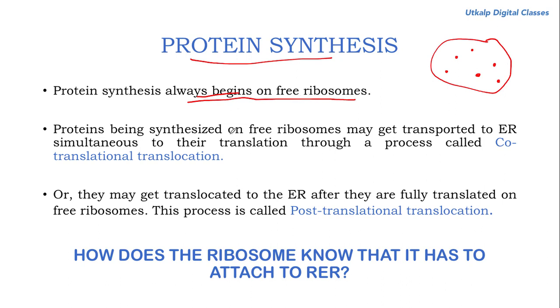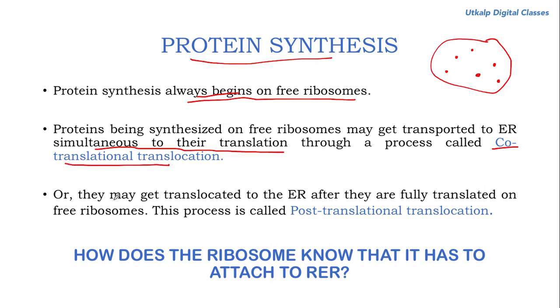So the proteins being synthesized on free ribosomes may get transported to ER simultaneous to their translation. So while the translation is being carried out on the ribosomes, when the ribosome and the peptide complex go and attach to the ER membrane, that process is called co-translational translocation.